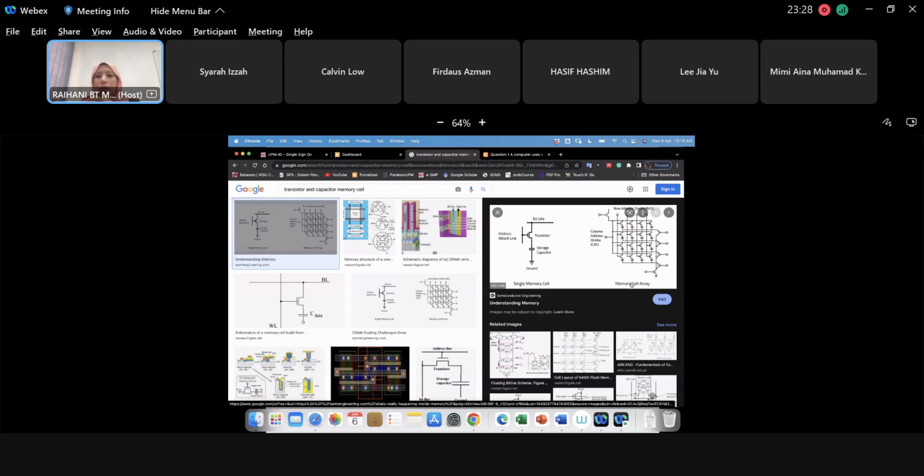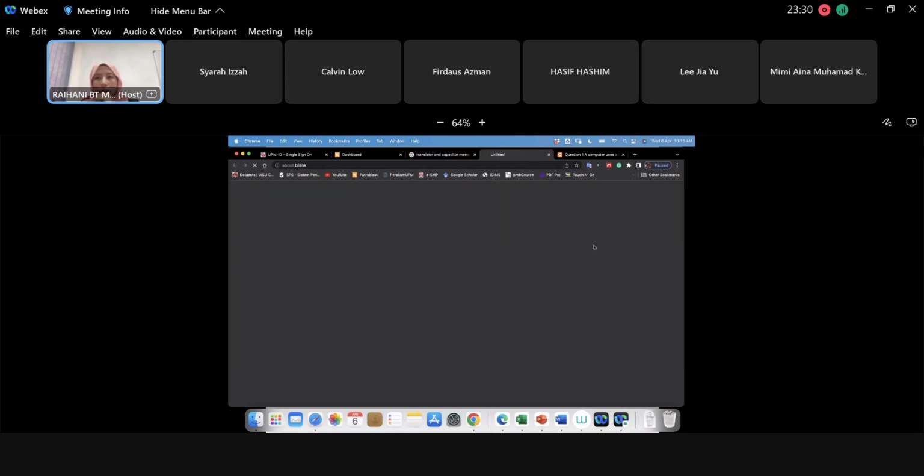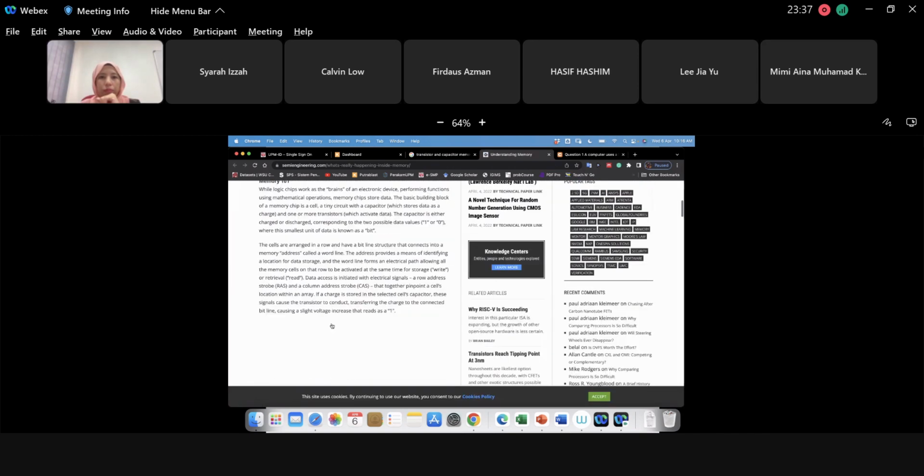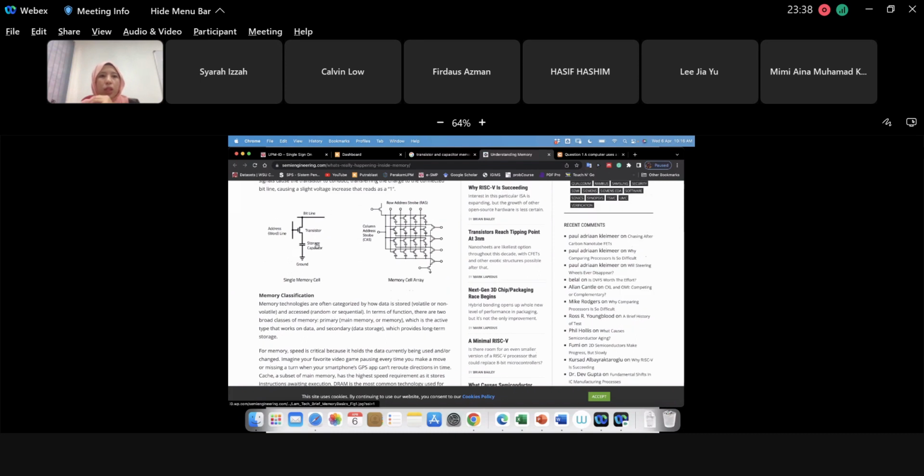You can see this one. This is the transistor, and then this is the capacitor. And then this is the connection to the ground. This is only one cell of memory.